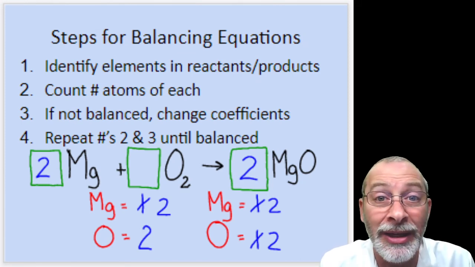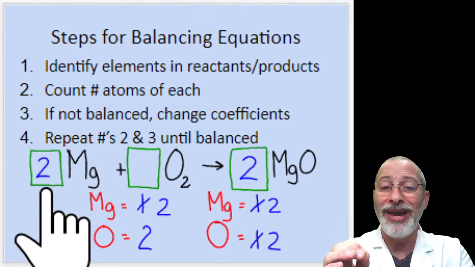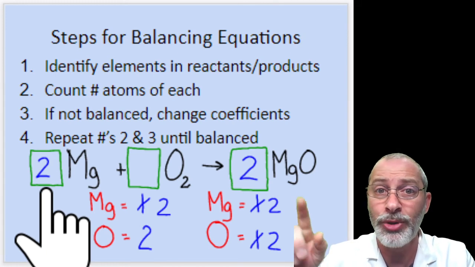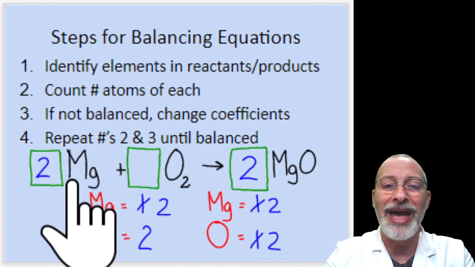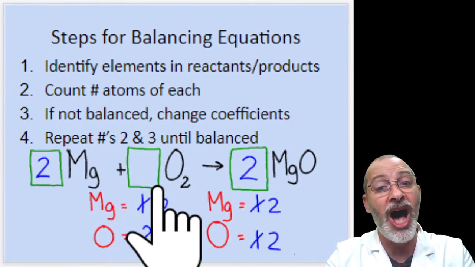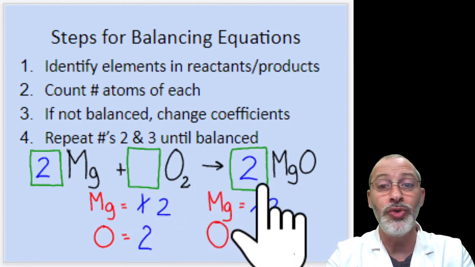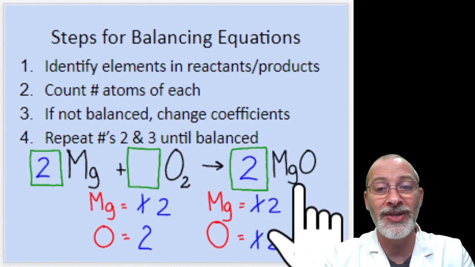So what does this mean? What it means simply is this. It requires, in order for this reaction to take place, and again, think back to chocolate chip cookies, 2 atoms of magnesium added to 2 atoms of oxygen. That is required in order to produce 2 molecules of magnesium oxide.